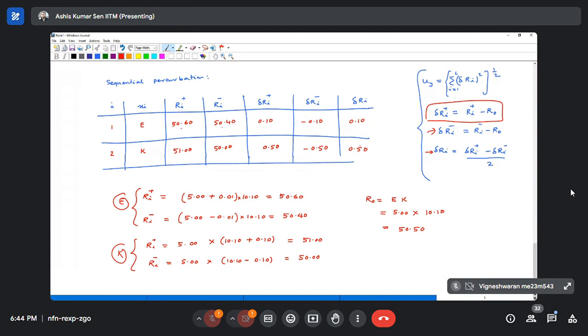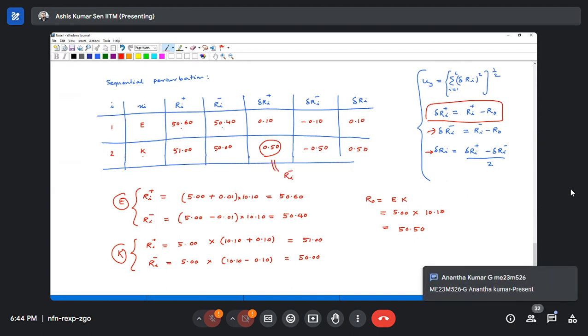Sir, sorry. Can you just explain the K for delta Ri plus? Which one? For serial number K. This one? So delta Ri plus is basically Ri plus minus R naught.